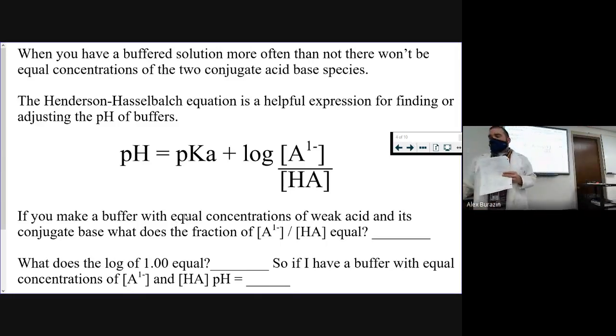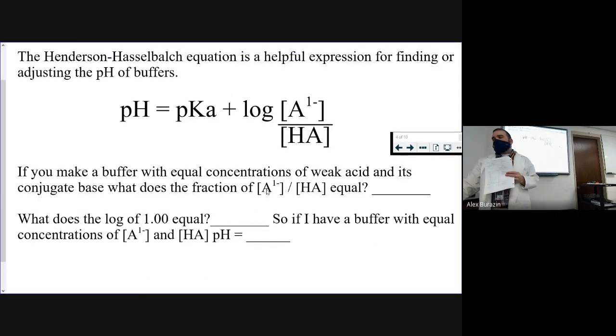If you make a buffer with equal concentrations of weak acid and its conjugate base, what is the fraction of A1 minus over HA equal? If I have equal molarities, it equals 1, right? So what's the log of 1 equal?